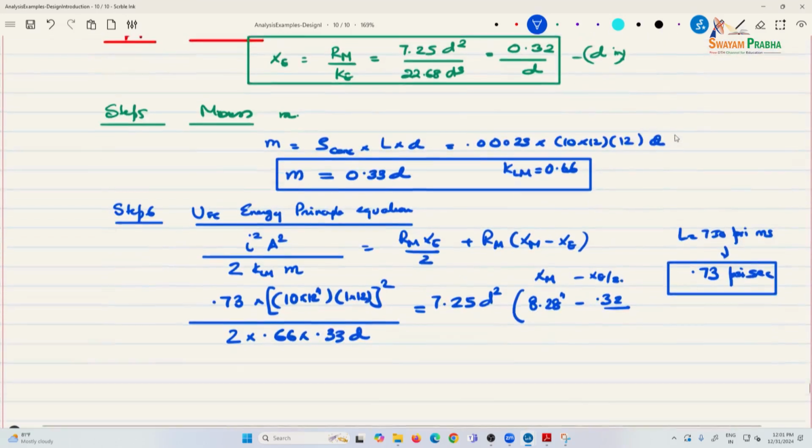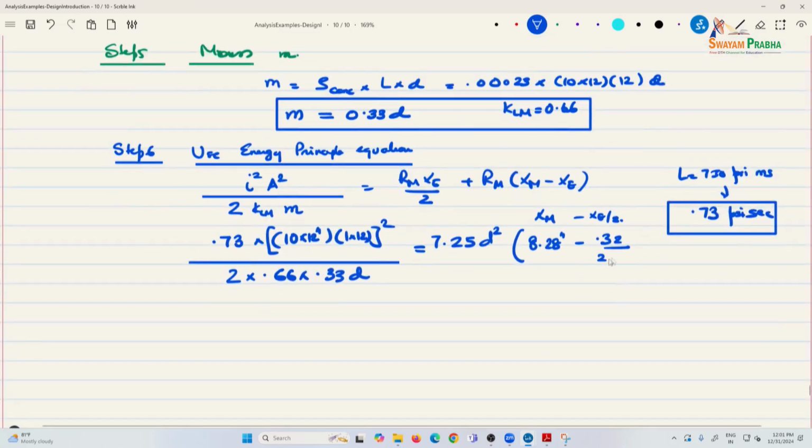Xe itself is a function of d, so this is 0.32 by 2d. So, from here you can calculate, solve for d, and d comes to 34 inches.